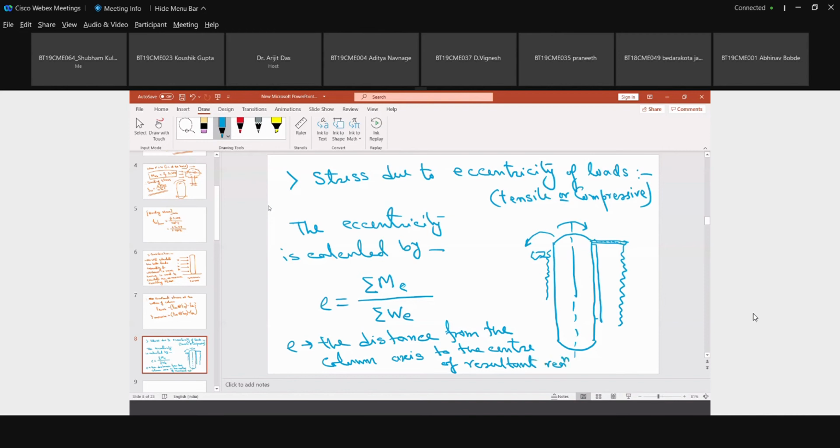Suppose there are different attachments and they individually try to bend to their directions. So there will be an overall direction or overall resulting reaction. So from the column axis to the center of the resulting reactions, the distance is known as the eccentricity.